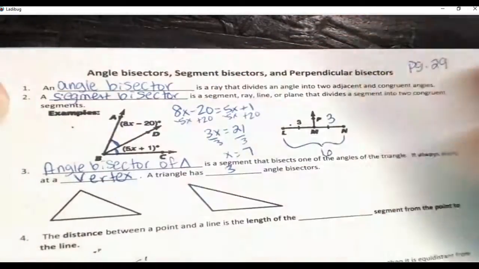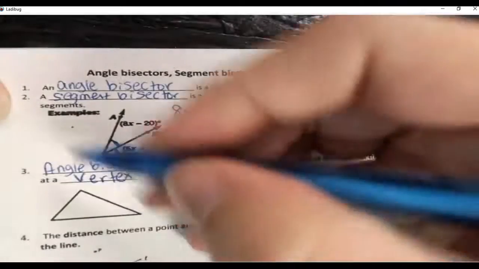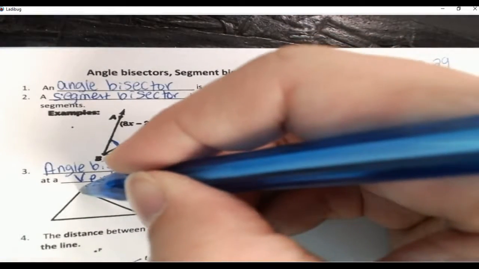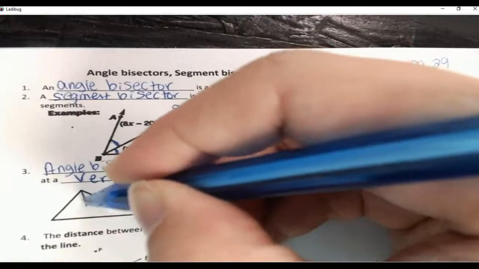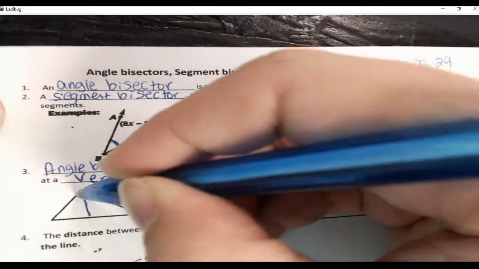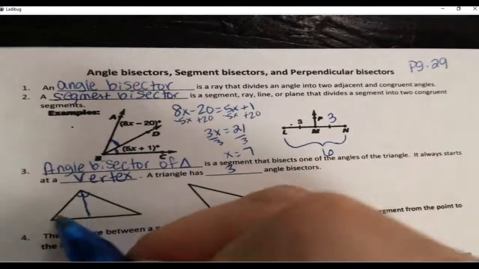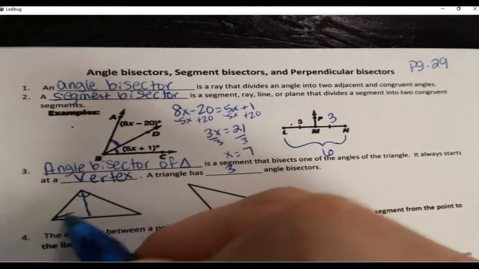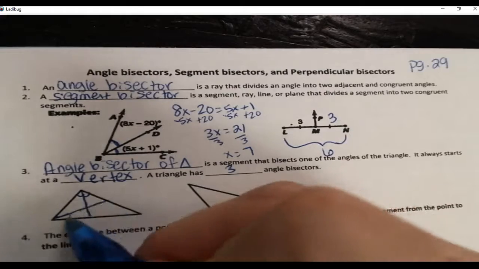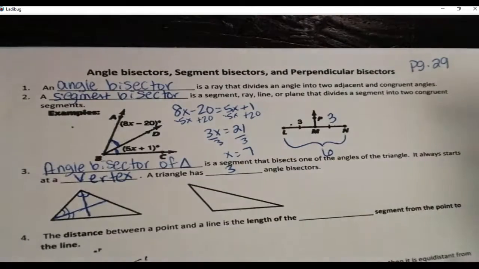So of course we could do it with our compasses, but this is pretty tiny. So if we just connected and kind of went like this, then this side and this side would be the same. We could go about like this. So this side and this side will be the same.